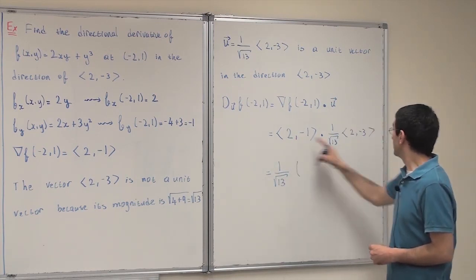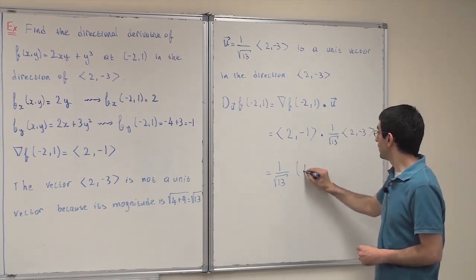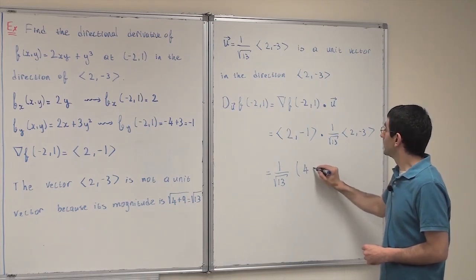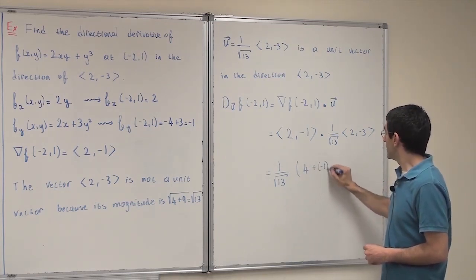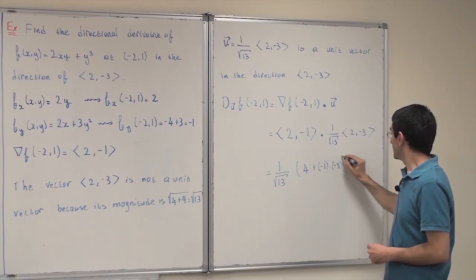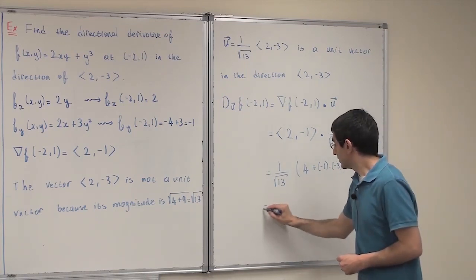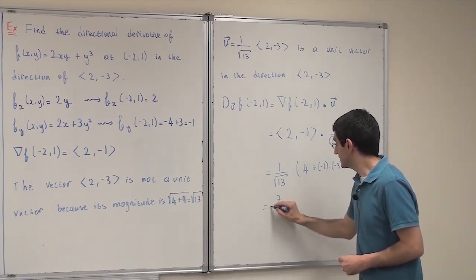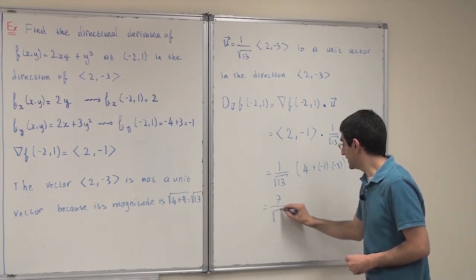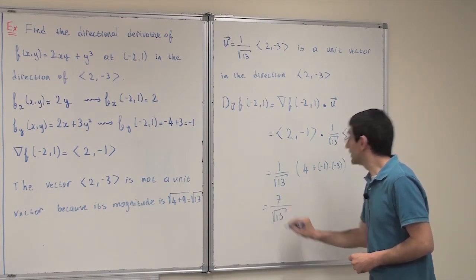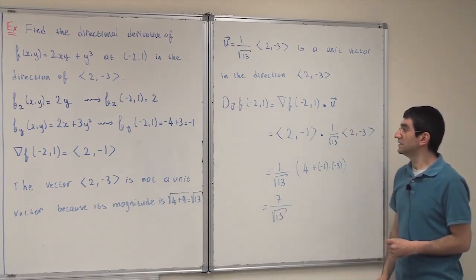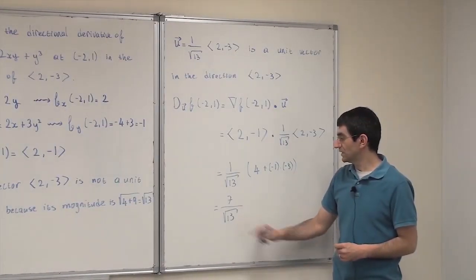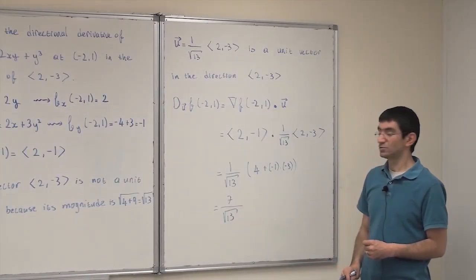And then we have 2 times 2, which is 4, plus -1 times -3, which is 3. So the directional derivative of f at the point -2, 1 in the direction of the unit vector u is 7 over root 13.